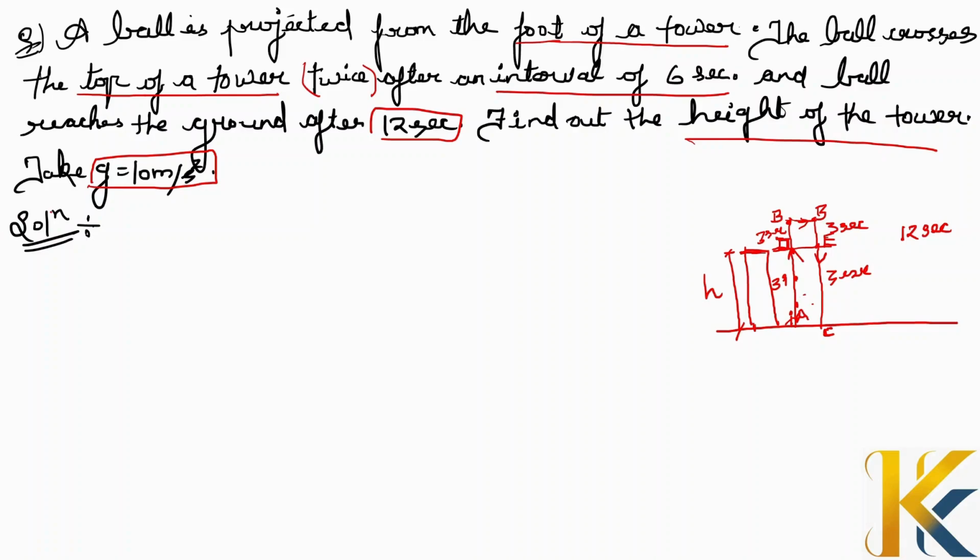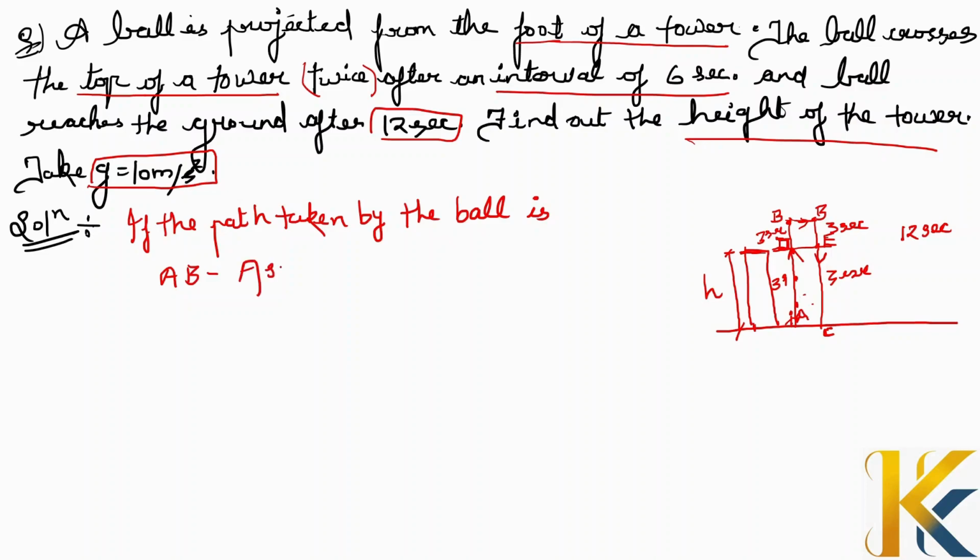So what we know from the question is, if the path taken by the ball is A to B, that is ascent, means going up, and B to C is descent, coming down.